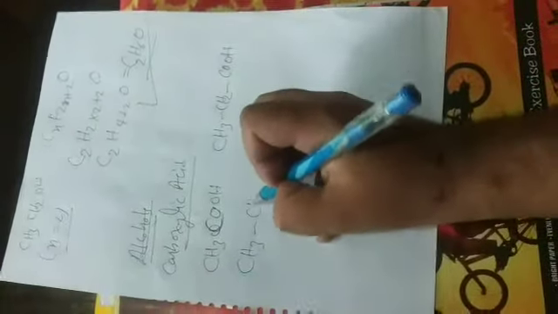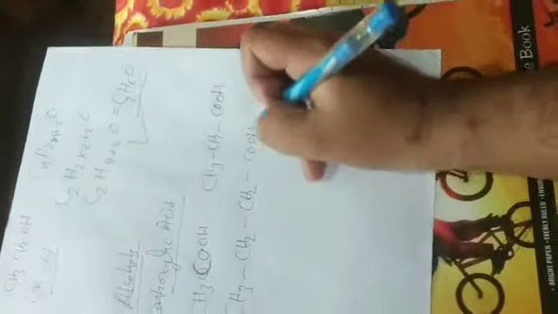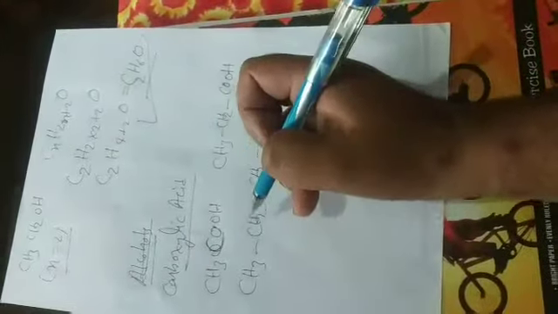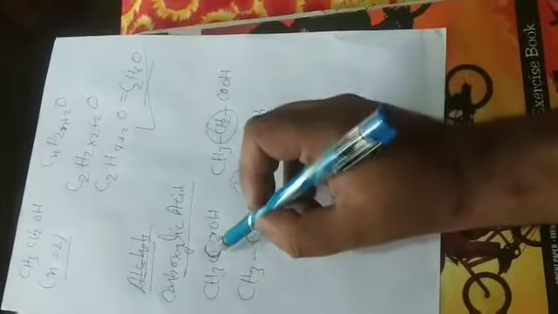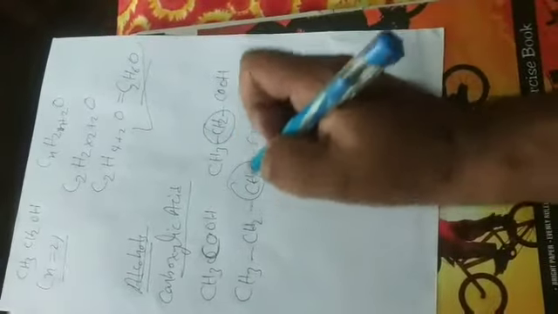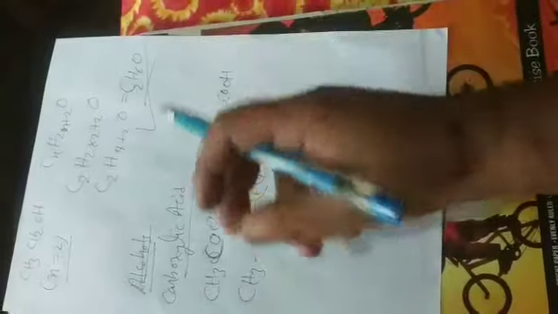Then CH3CH2CH2COOH. This series also differs by a CH2 group only. CH2 is added each step in this series, so this is also called a homologous series.